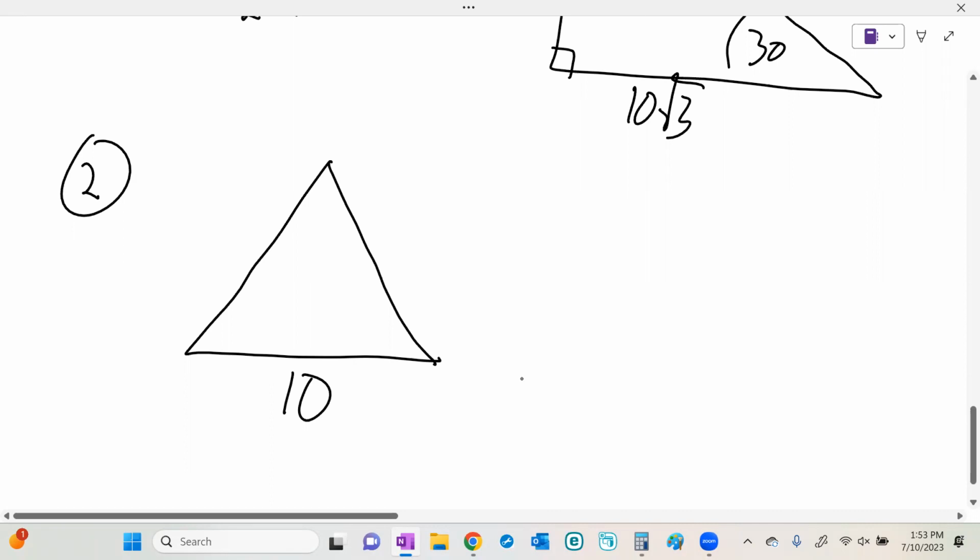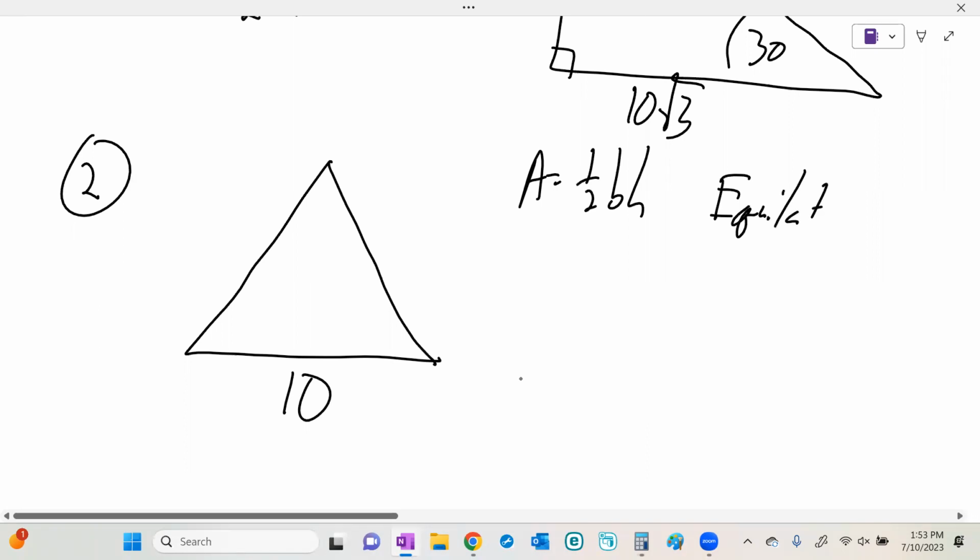We could do 1/2 the apothem times the perimeter, but finding the apothem here gets all weird. You could also just do 1/2 the base times the height. Again, what we're doing right now is for an equilateral triangle where we have a side.